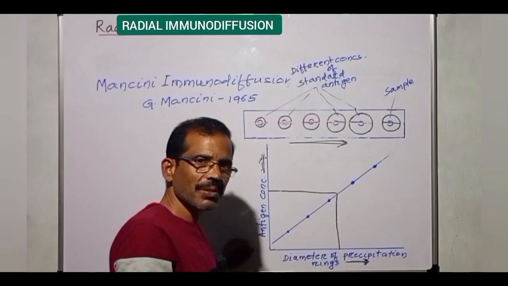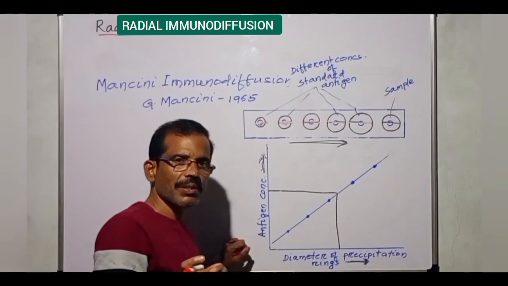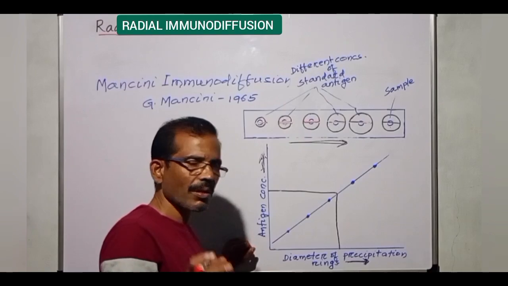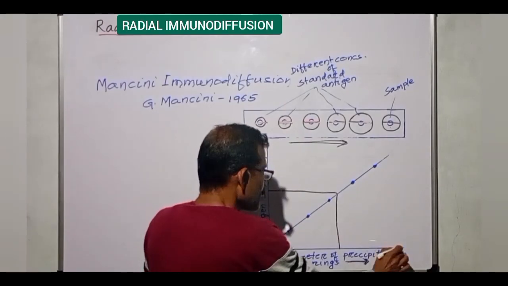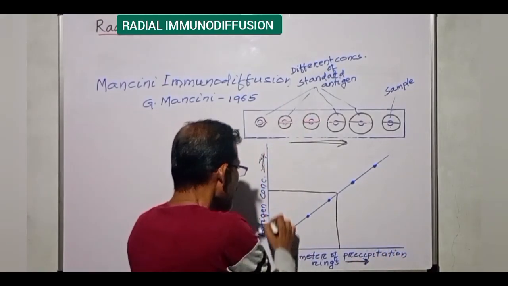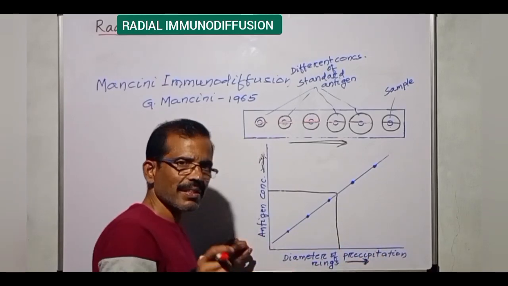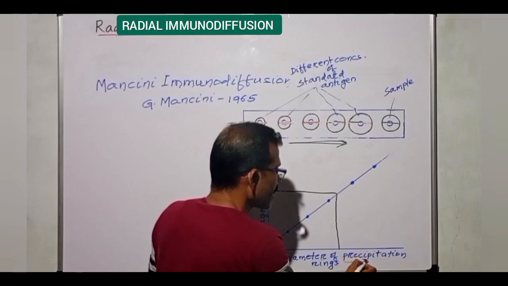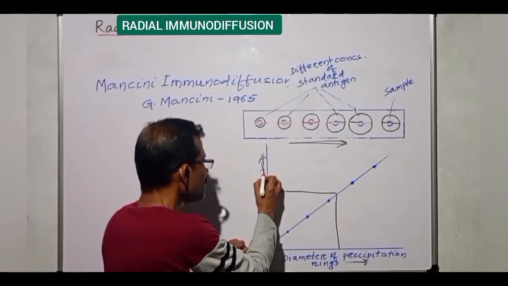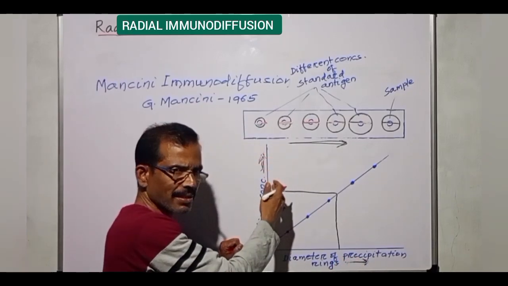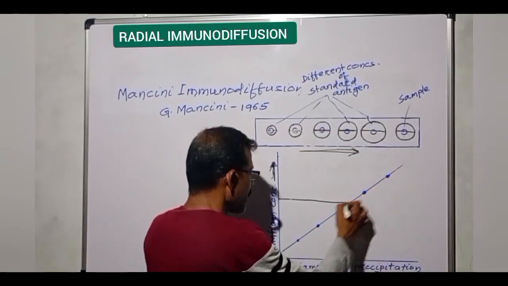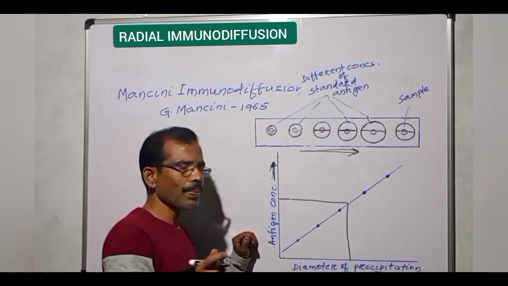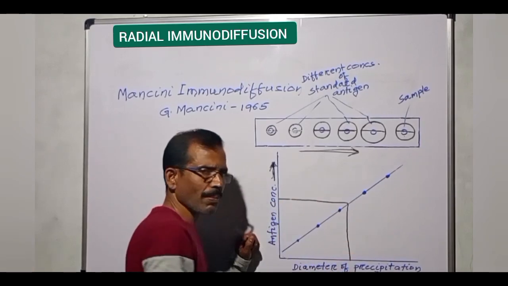Based on this relationship, the concentration of an antigen in a sample can be easily determined from a standard calibration curve. The standard curve is plotted by taking the diameters of precipitation rings on the x-axis and antigen concentration on the y-axis. From such a standard curve, the concentration of antigen in the sample can be easily determined.